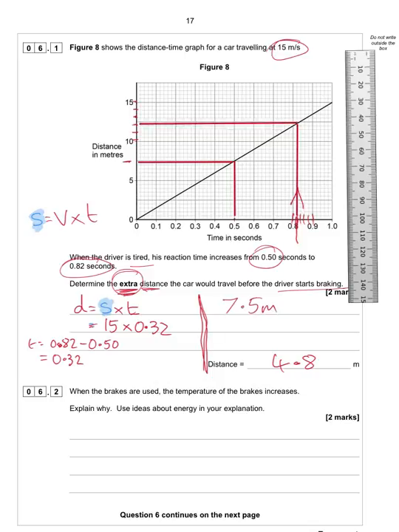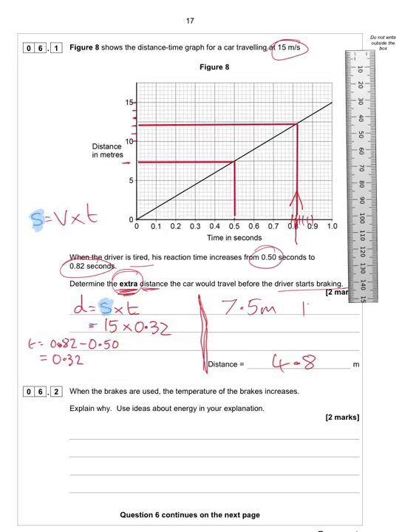So if you have a look, this line is just a little bit above the 12, so it's somewhere around 12.2. It's not as far as 12.5, but it's not as low as 12.1. So actually the mark scheme gives you an allowance of anything as low as 12.2.